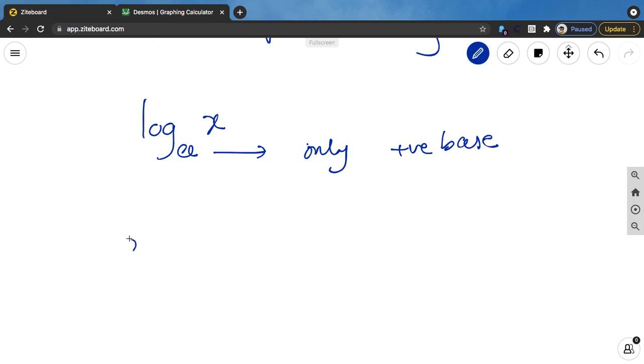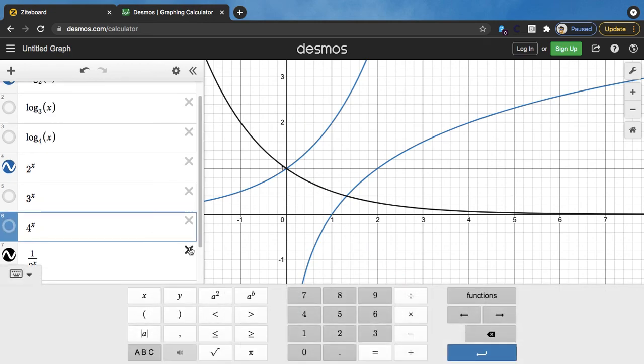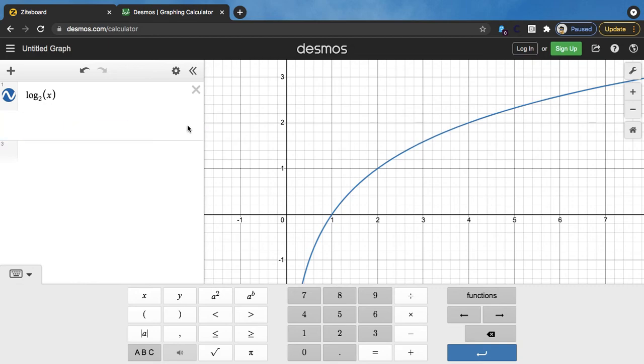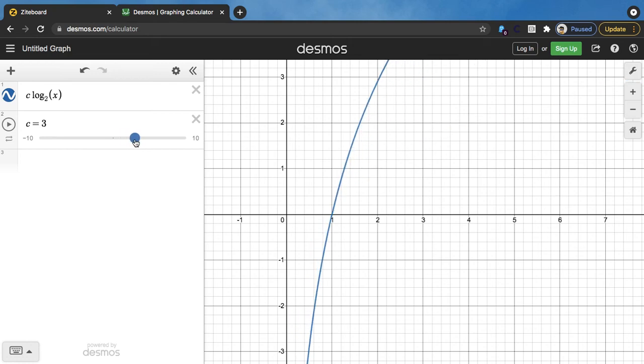Okay. What happens if I have a times log of x to the base b? Like we did a times b to the power x in the exponent. What happens here? Let's change that and see. So we will start modifying not the bases, but what is multiplied with the log.